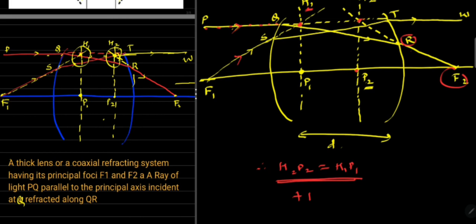So here what we have studied: two incident rays give us two refracted rays, and from these we get the intersection at H1, and then H2. From H1 and H2 we find P1 and P2. These P1 and P2 are the principal points, and H1 and H2 are the principal planes.